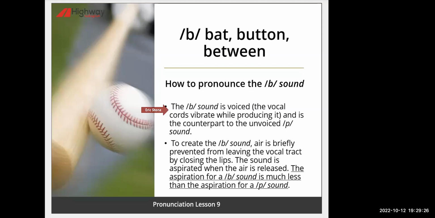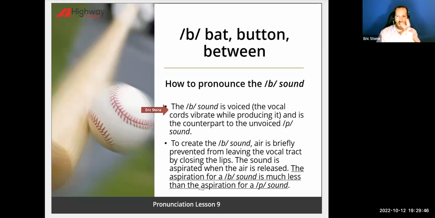To create the b sound, air is briefly prevented from leaving the vocal tract by closing the lips. The sound is aspirated when the air is released. The aspiration for a b sound is much less than the aspiration for a p sound. There you go. So they're like opposites, basically, right?